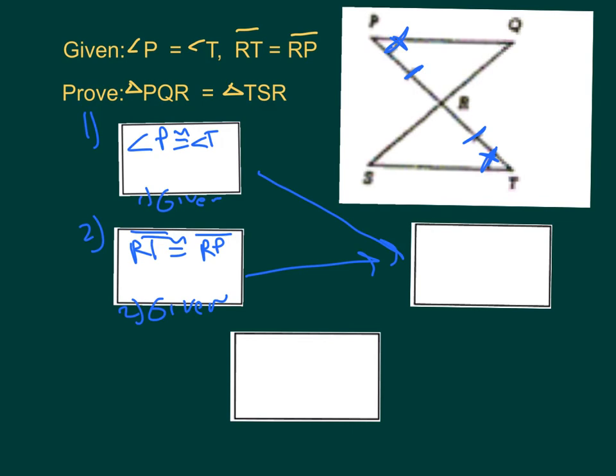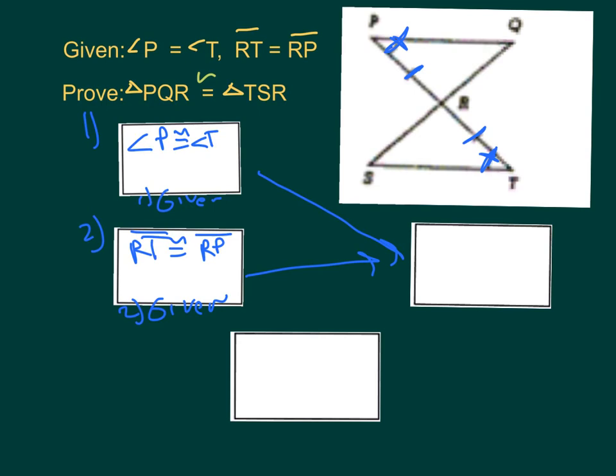Now that I've plugged the givens into those first 2 boxes on the left, let's see what we're looking at. What we're most likely going to be trying to prove here is that triangle PQR is congruent to triangle TSR. Most likely that is going to go into this box right over here on the right. So the real question, and really the only one left, is what goes in this box.